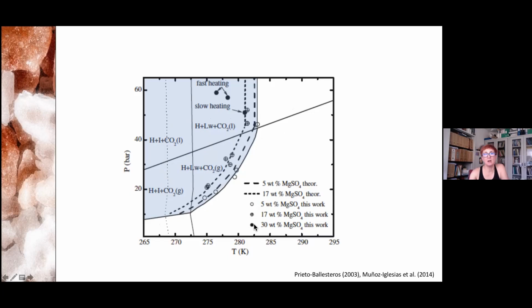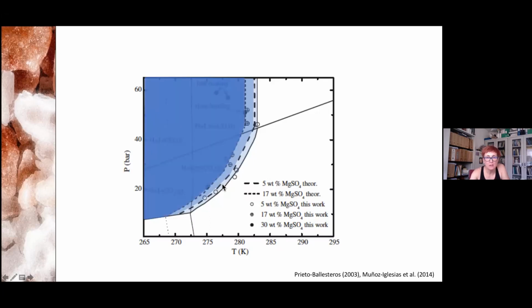Similar to what we already saw with water and magnesium sulfate, when you put salt in the system, the dissociation curve shifts to lower temperatures. This is for 5% in weight of magnesium sulfate, and this is for the eutectic composition, which you know already, that is 17% in weight of magnesium sulfate.